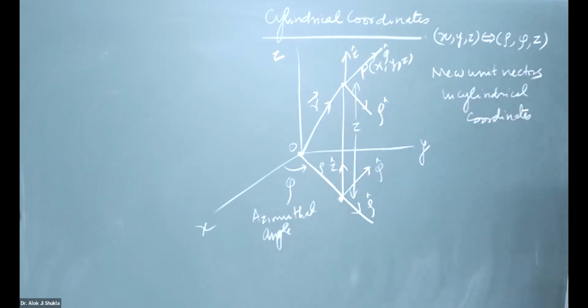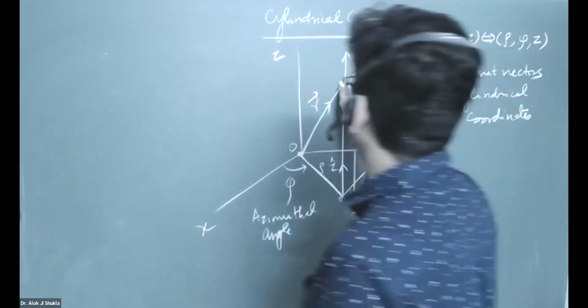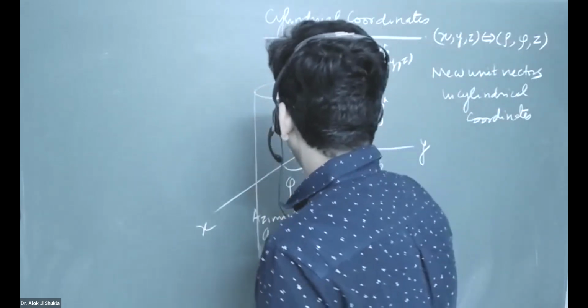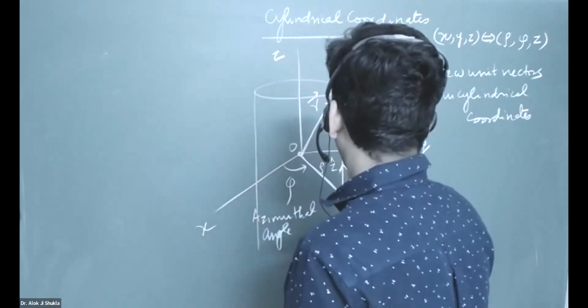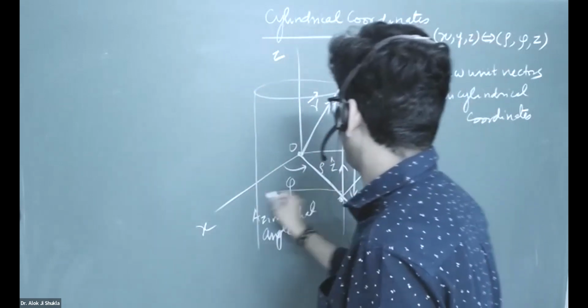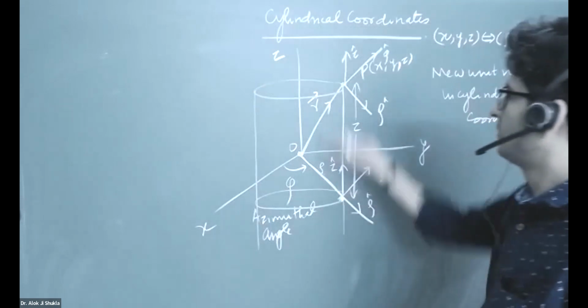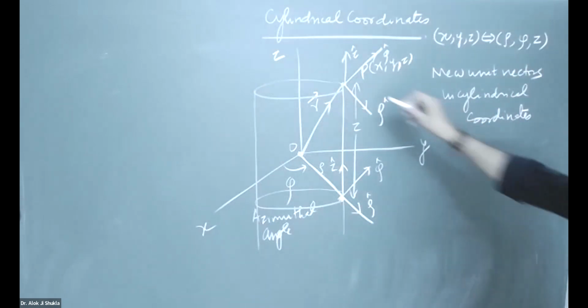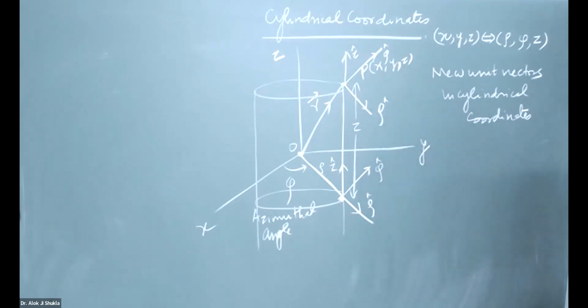You can just think about this point touching a cylinder and going like this, and you can imagine a cylinder like this, and these two are parallel, and this is the point which we have represented in terms of rho, phi and z. Now you can correlate them also. It's very easy. We can write the values in terms of all that.